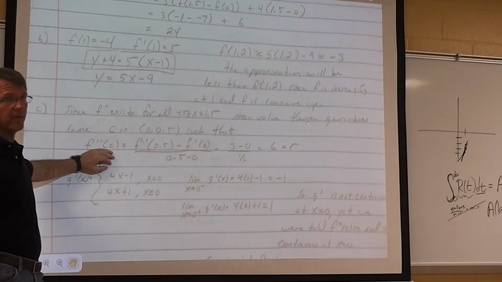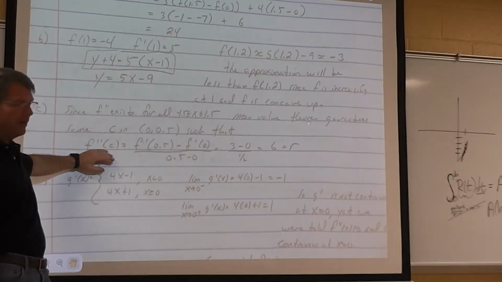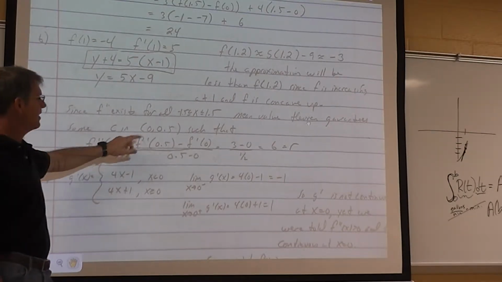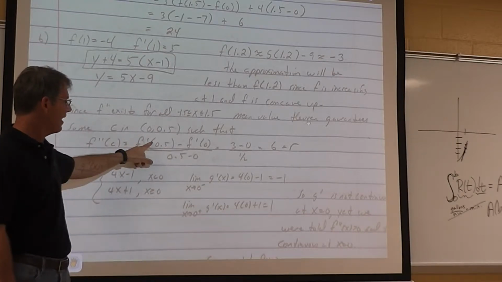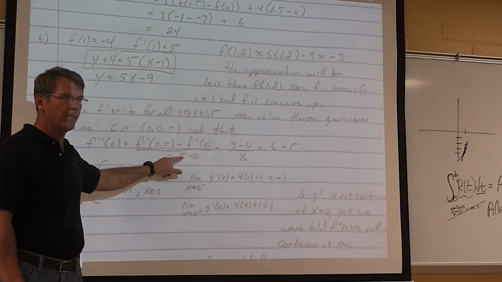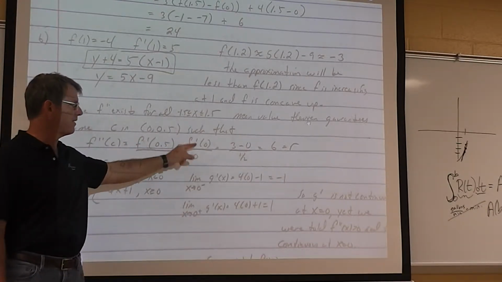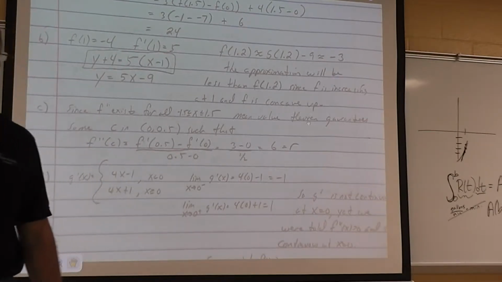Therefore, the second derivative exists, so I know I'm continuous and differentiable, and therefore I know the mean value theorem applies. So the second derivative at some C on this interval is going to be f prime of b minus f prime of a all over b minus a. This, by using their table of values, cranks out to be 6. So there is a value of R such that this will be true.